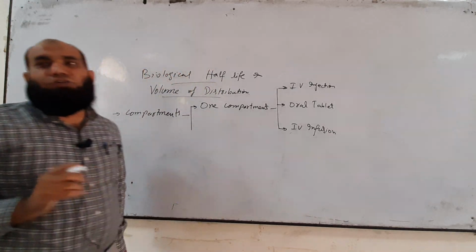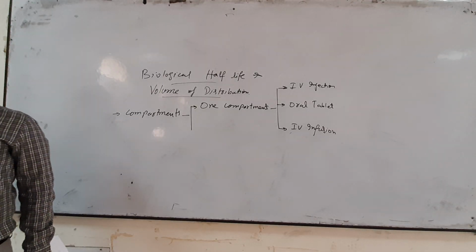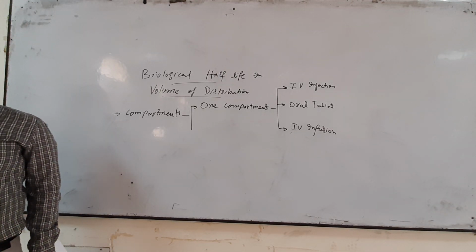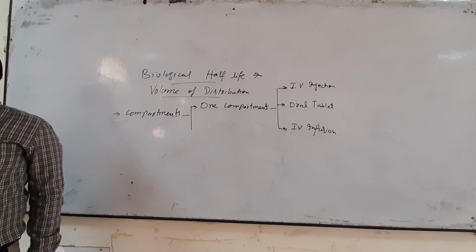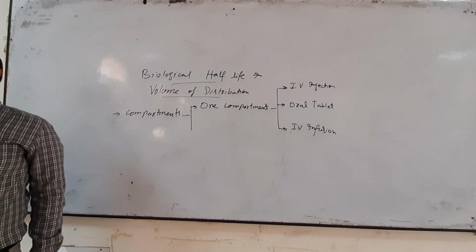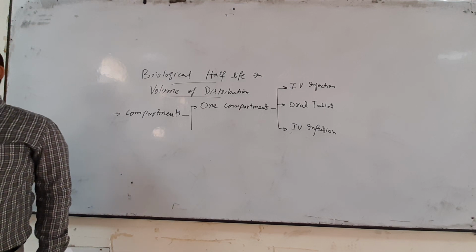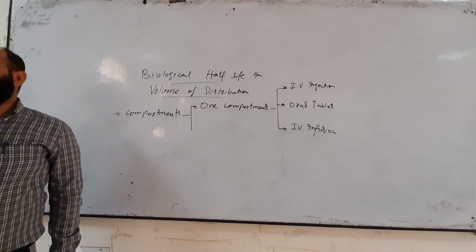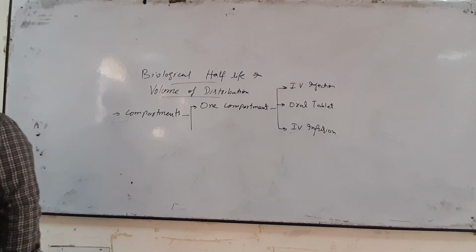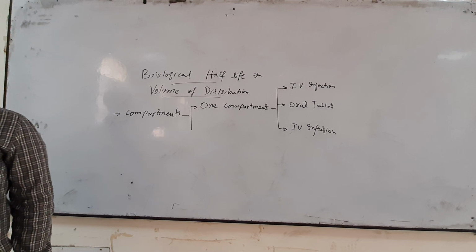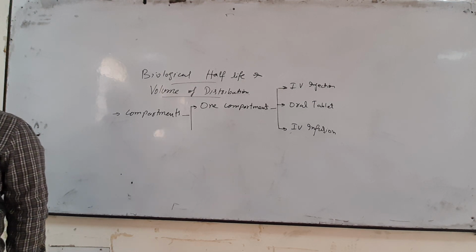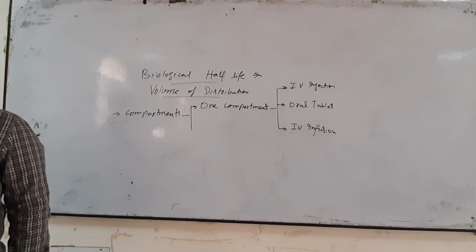Where we use the word one compartment, for the sake of linear pharmacokinetics, we will make some assumptions. We will assume that there is no metabolism of the drug. You will have to write these points. There are basically 4 or 5 points which we will have to assume first. Then all the formulas and calculations which we learn today will be considered correct.